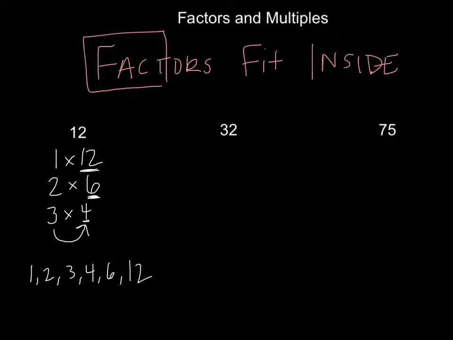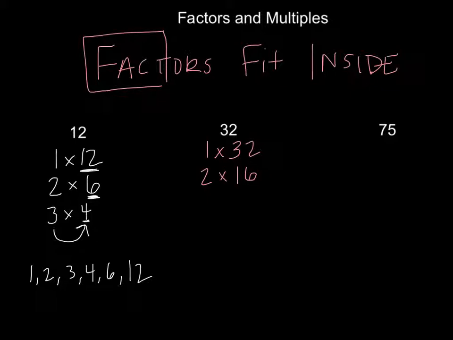Alright, let's try 32. So, once again, I'm going to ask myself, what numbers fit evenly inside of 32? I'm going to start with my math fact for 1, and I know that 1 times 32 equals 32. And I'm going to check 2. It's an even number, so I know that I can do 2 times 16, and that will equal 32.